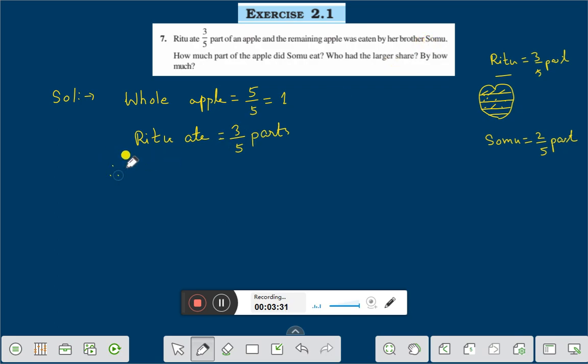Therefore, Shomu ate the remaining part. Remaining means you have to subtract 3 by 5 parts out of 1. That is 1 whole apple minus 3 by 5. If you subtract it, you are getting 5 by 5 minus 3 by 5, that is 5 minus 3, that is 2 by 5 parts.